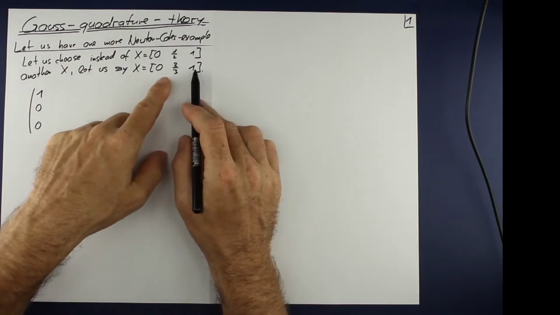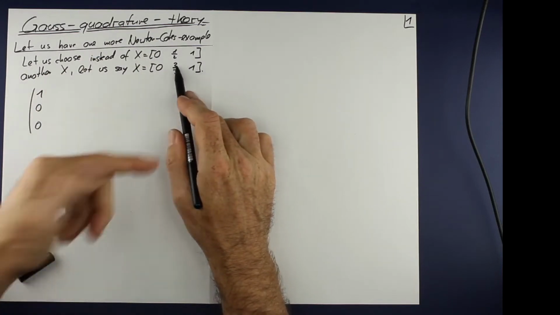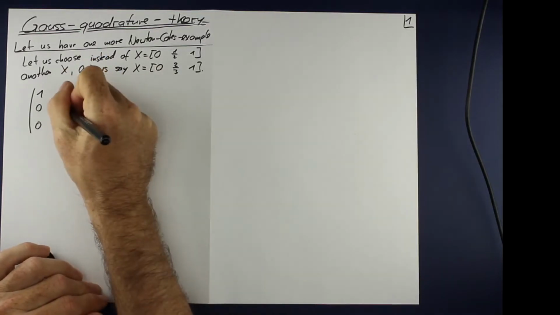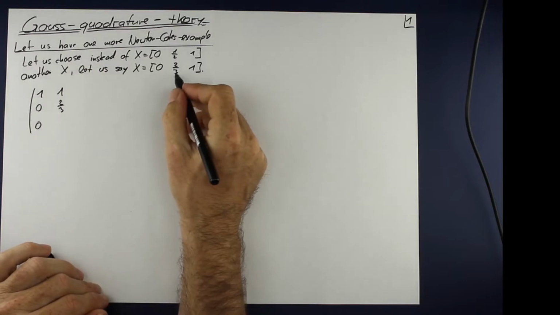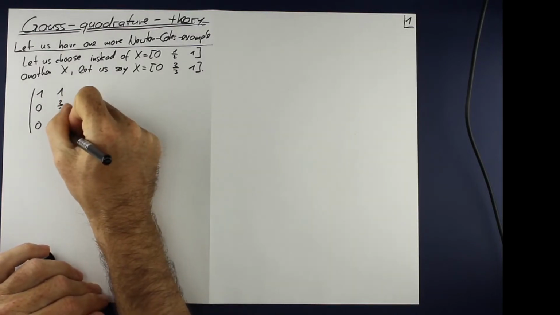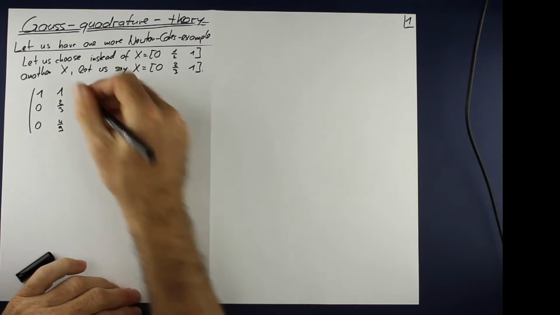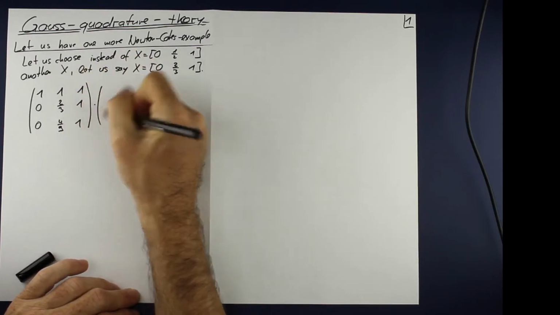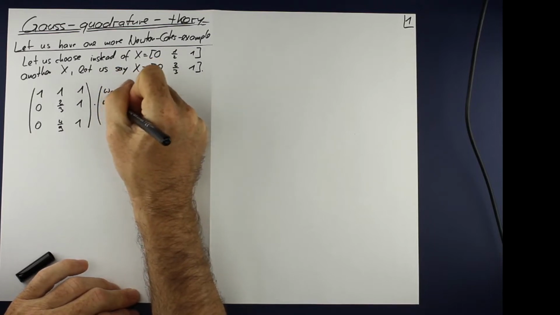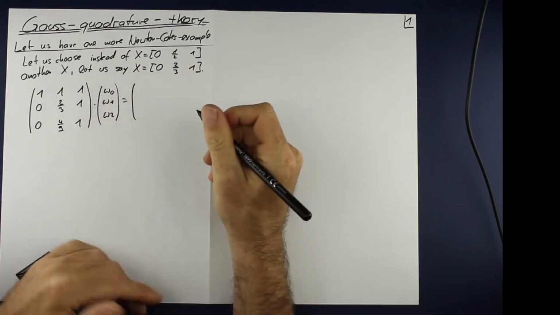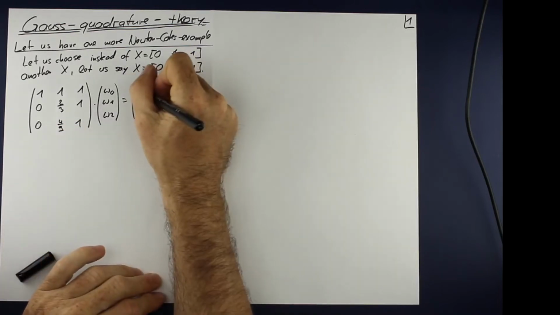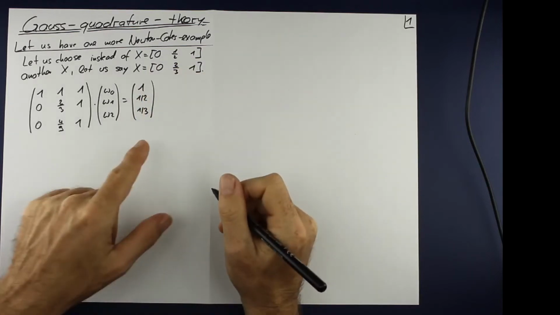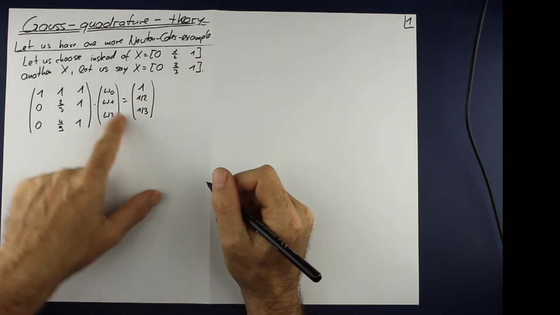But we want to do it with these numbers, so to the power of 0 is 1, to the first power 2 divided by 3, and to the second power 4 divided by 9. Then the last row is 1, 1, and 1. And then times the unknown weights, and then the integral values of the monomials, and these are always 1, a half, and a third. This is our problem, and now let's solve that problem.